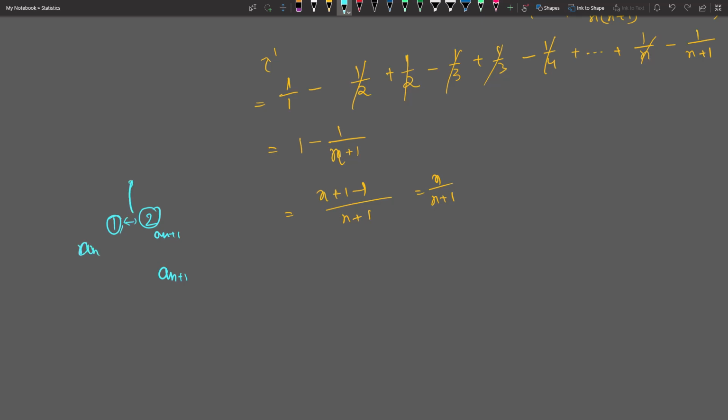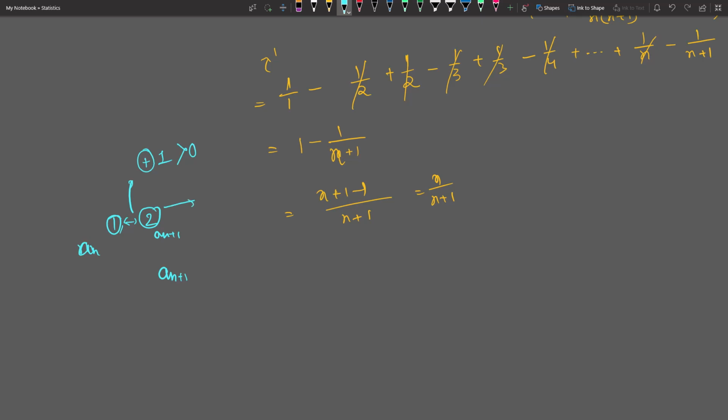If you get a positive number, this is always greater than 0, you can conclude this is an increasing function.